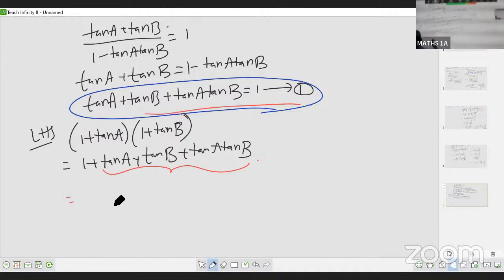Right, that is nothing but 1 plus 1, which is 2. This only is what is asked us to show.